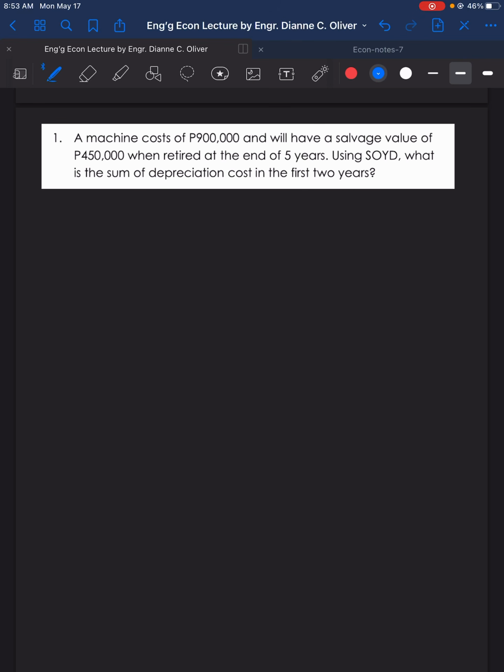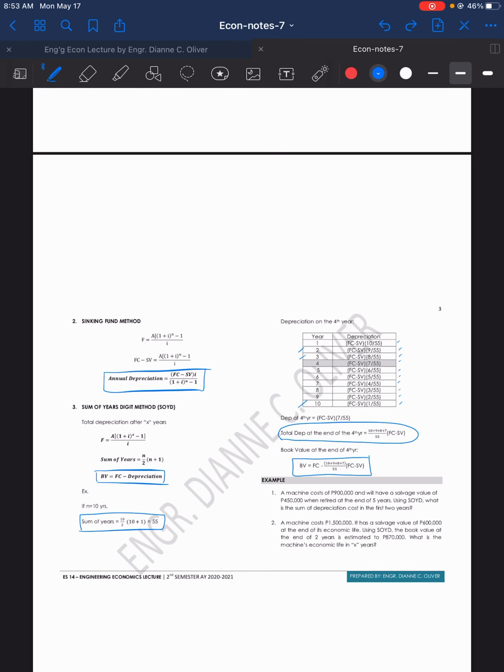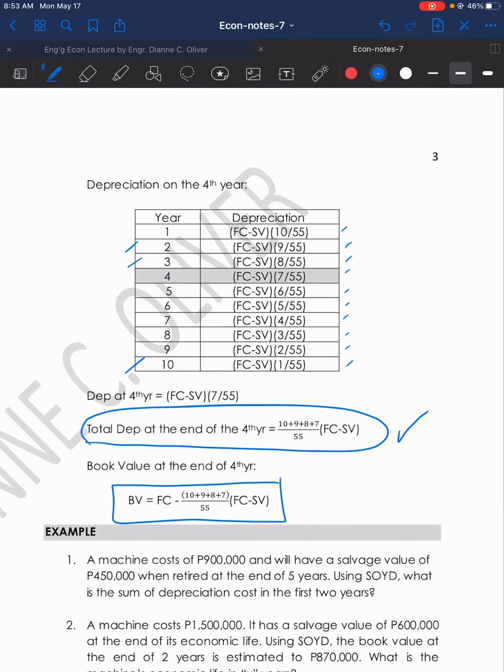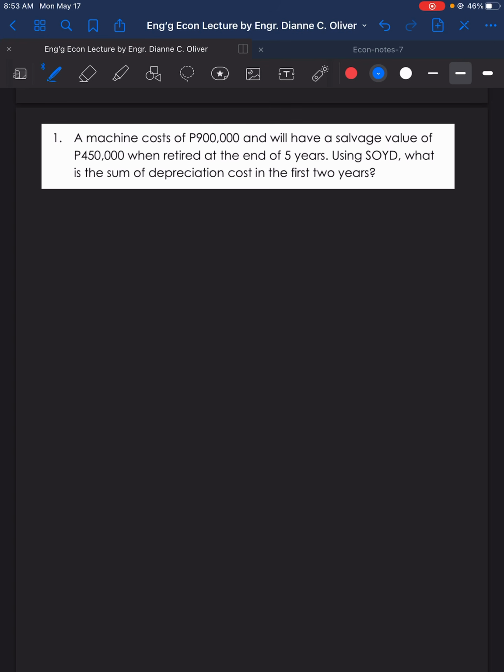Using the sum of years digit method, what is the sum of depreciation cost in the first 2 years? So the sum of the depreciation cost, it's talking about the total depreciation in the first 2 years.